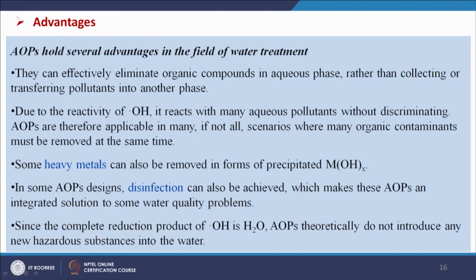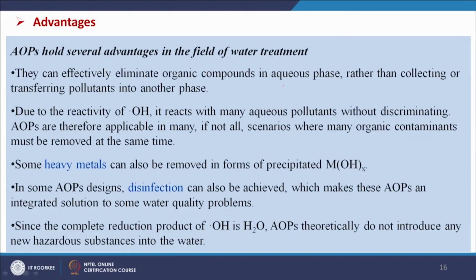Now, these methods, the advanced oxidation processes, have some advantages and disadvantages, and we will discuss those. The advantage is that this can work on all types of pollutants, even when the pollutants are available in very small concentration, but that can be effective. That is one major advantage, and most important is that they are not producing any pollutants.